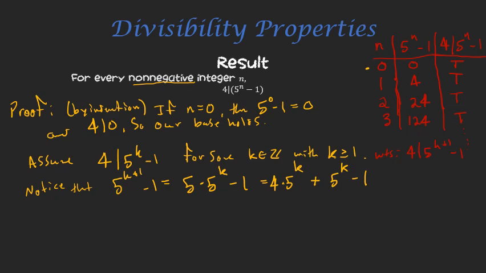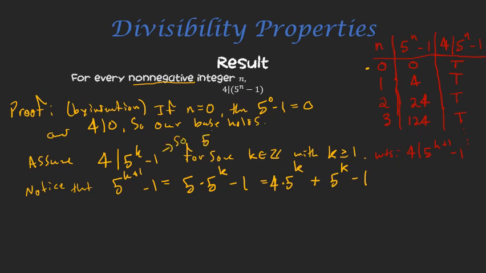Now for 5 to the k minus 1, we know by the induction hypothesis that it must be 4 times some other integer. So I'm going to write that up here. Assume 4 divides 5 to the k minus 1.